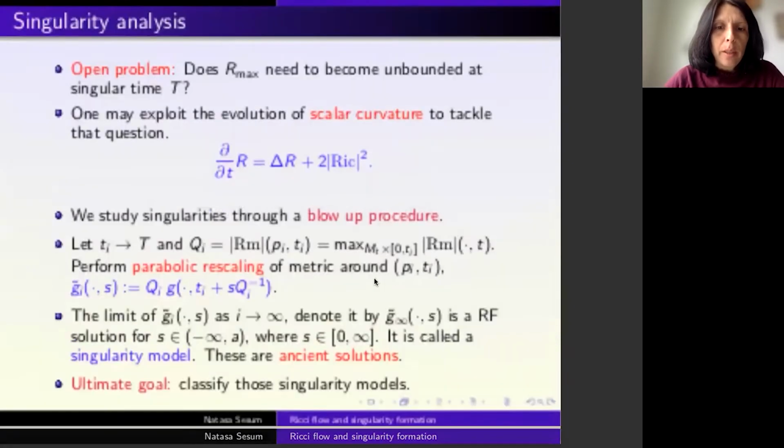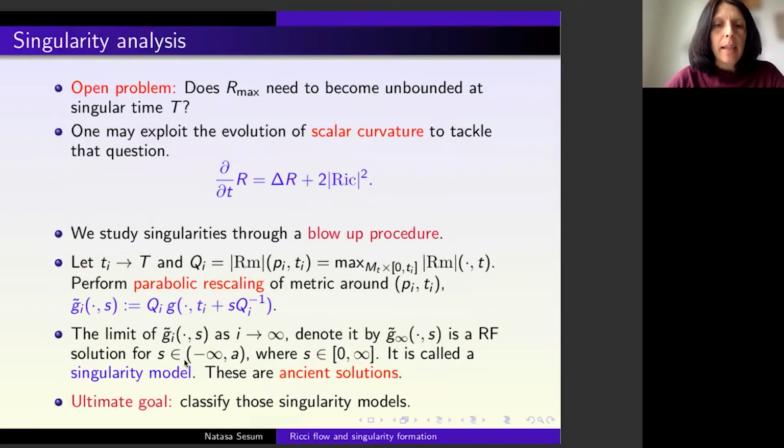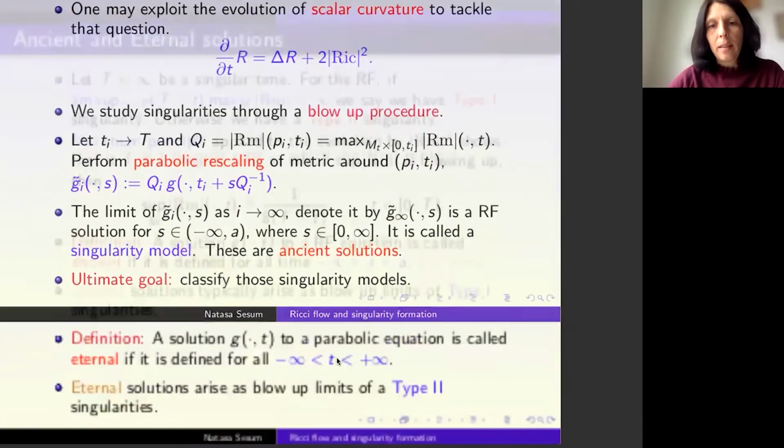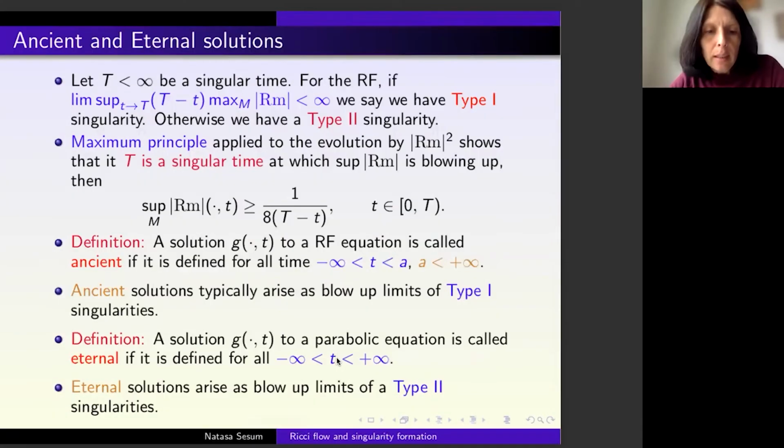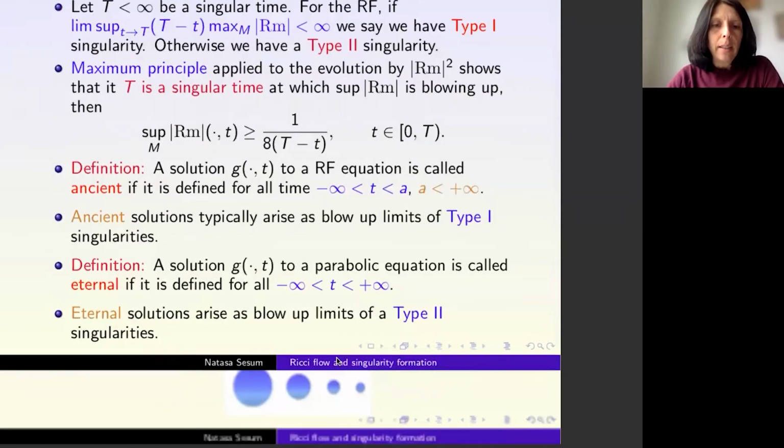I'll just bring up this slide. Once again, ancient solutions are those that exist from negative infinity to some A, where there is a typo here, this S should be an A, in (0, ∞]. If it equals infinity, we call them eternal solutions. I am emphasizing that because we will need this terminology later.